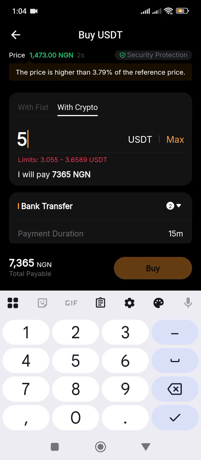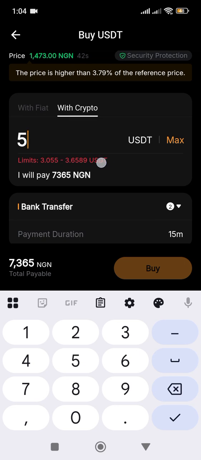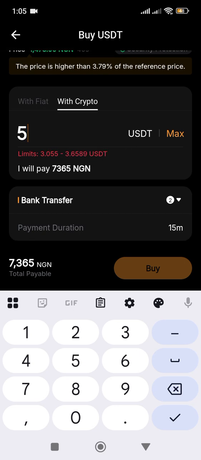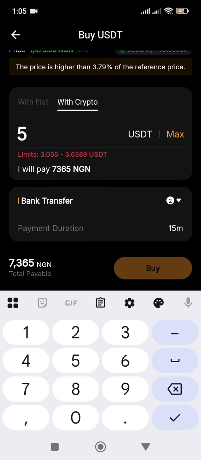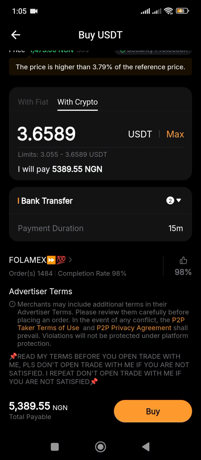Let me say I want to buy 5 USDT. You see, this person does not have up to 5 USDT. He has only 3.655 USDT. So I will just have to reduce it to his, let me put max.